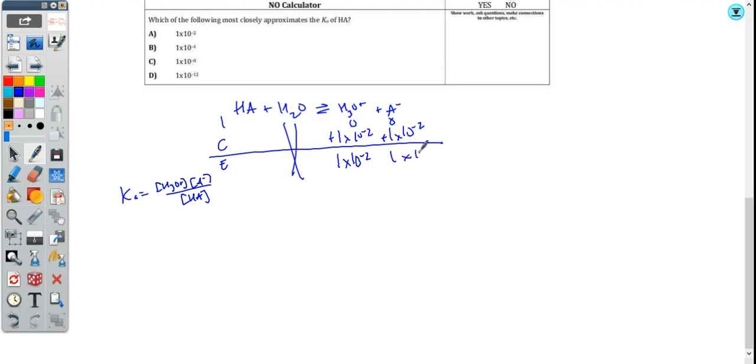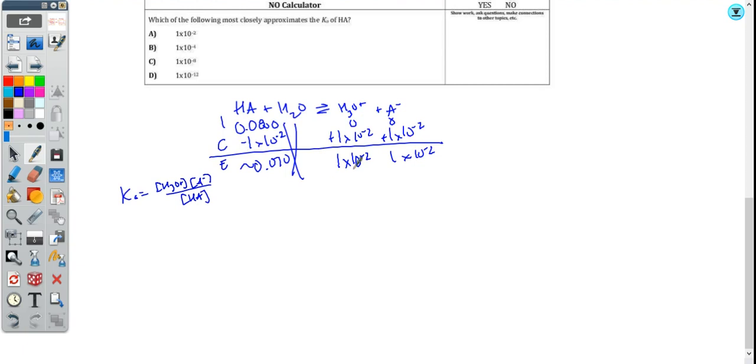Don't do this, by the way. This is what a lot of students try to do. They think, how have I solved for Ka in the past? We've solved for the concentration from the earlier question, and we could solve this. Oh, that's actually a fairly big change compared to 0.08. That's actually going to be 0.07.